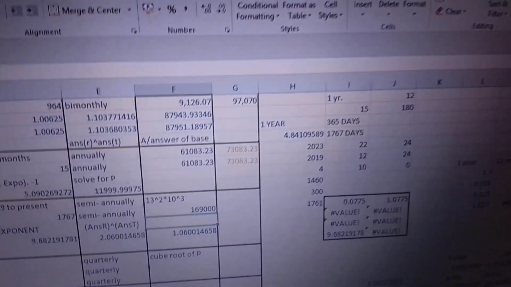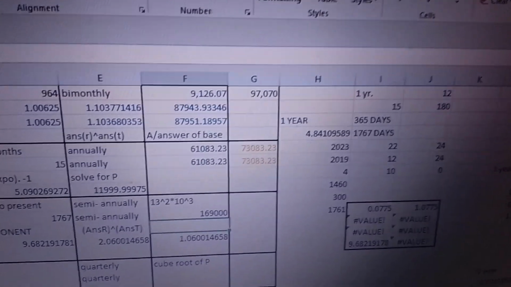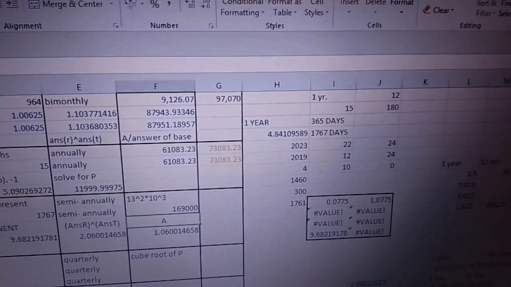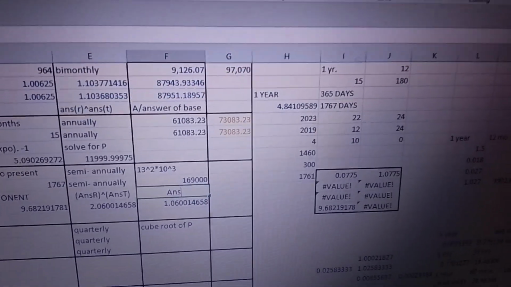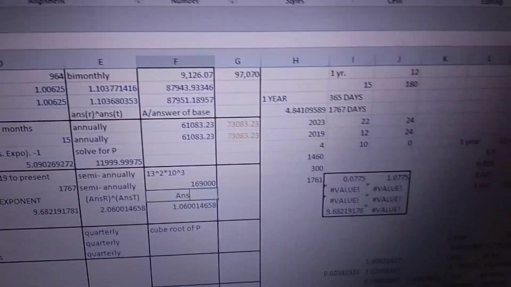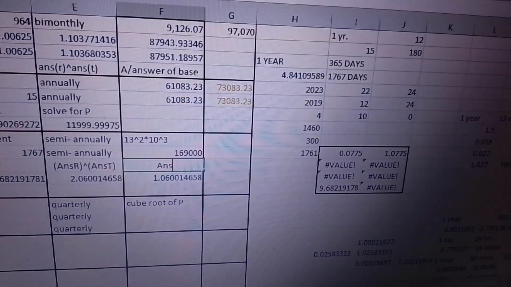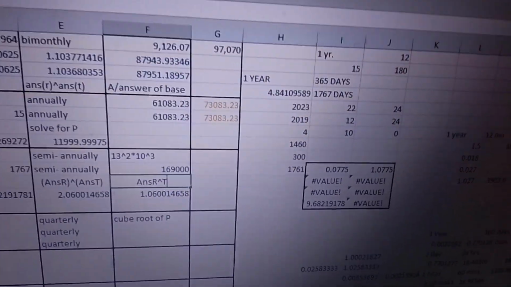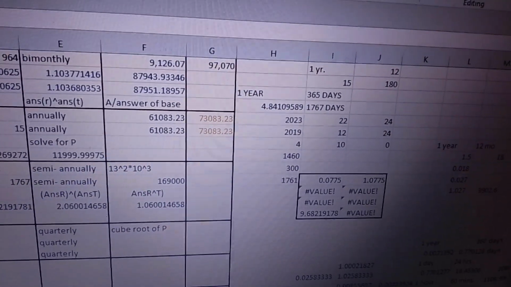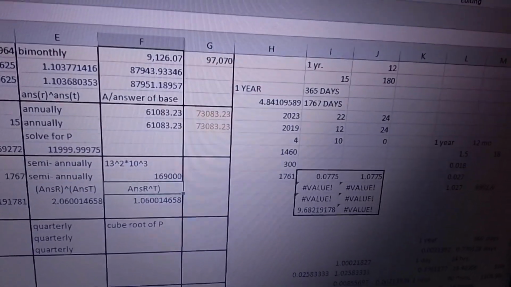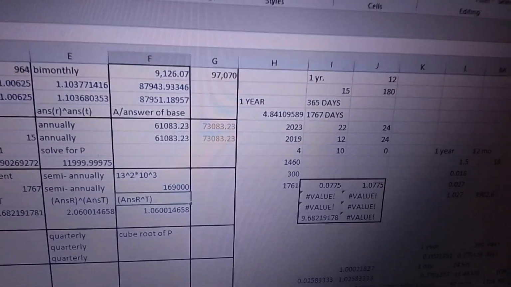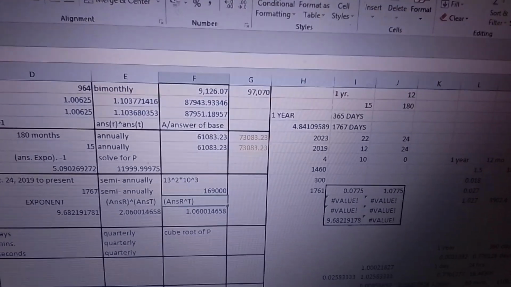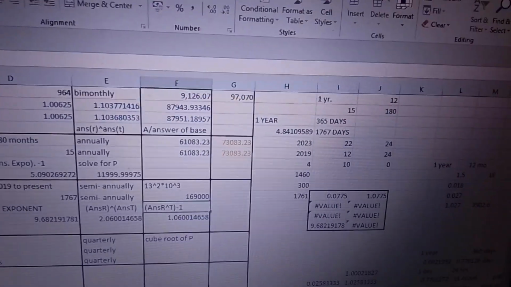Therefore, the title of this cell is answer of R raised to T. Diba nakuha tayo yung answer dito kanina? So we got already our answer here, the answer of R raised to T minus 1.